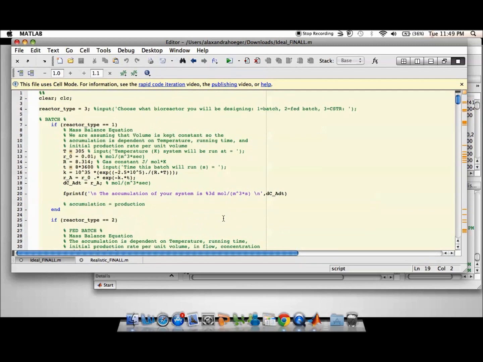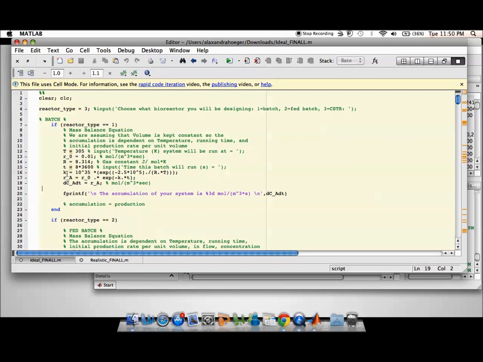However, if we were doing the batch reactor, some equations, some variables that we need to put in are the temperature, because temperature does affect the accumulation, and then the initial rate, the gas constant, the time, the optimal lifetime, which is how long it takes for the reactor to produce a good amount of product.